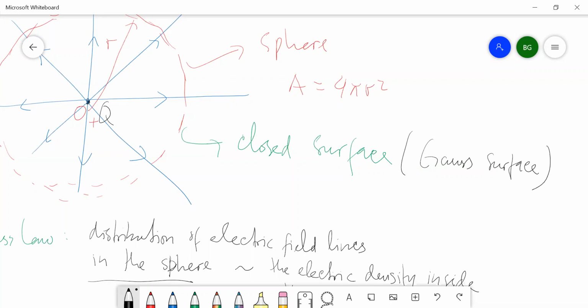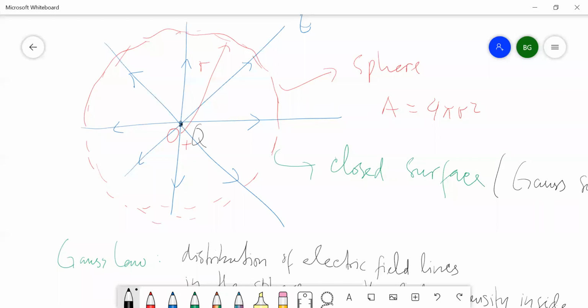In mathematics there is also another notion of Gauss surface, but in this case the Gauss surface is related to the Gauss law of electrostatics.